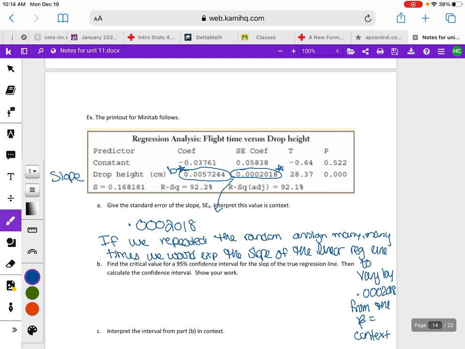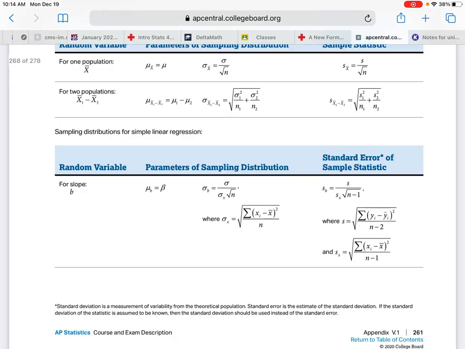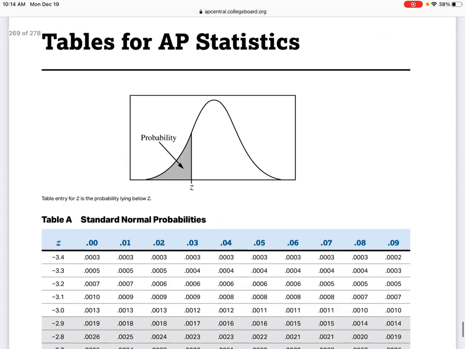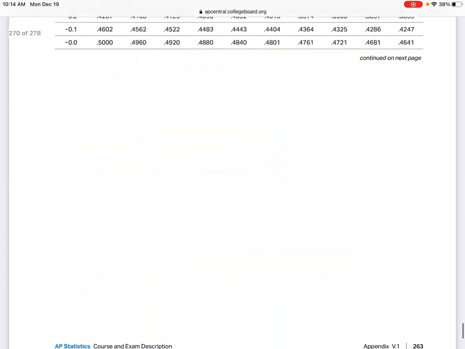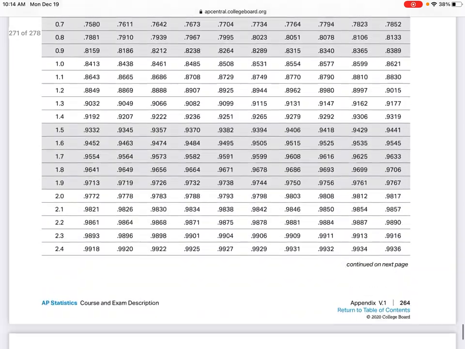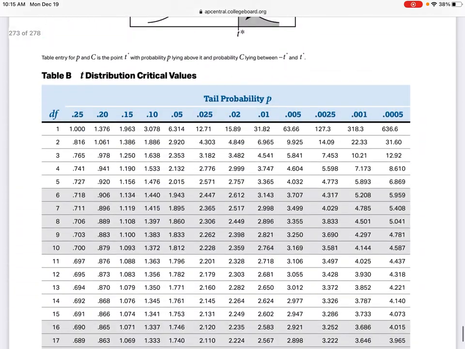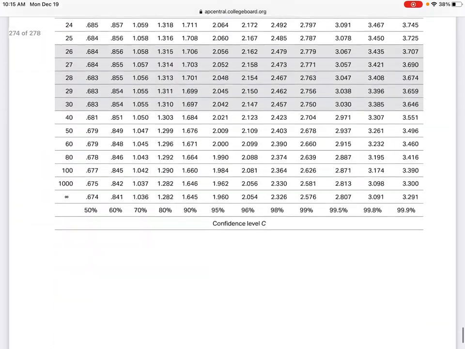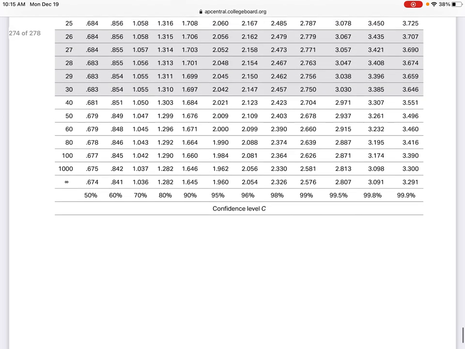Your critical value, again, you're going to look over at table B, which I think I did pull up. This is the one that you get on the reference paper. It's slightly different, but you can see it's also very similar. So we're going to go down to table B, which should be right here, and then look down to here. We are constructing a 95%.